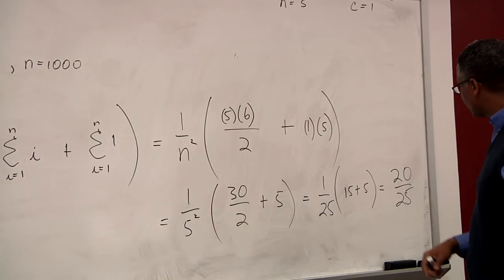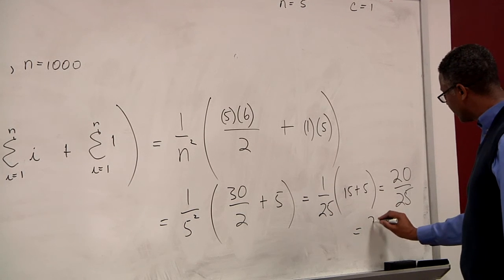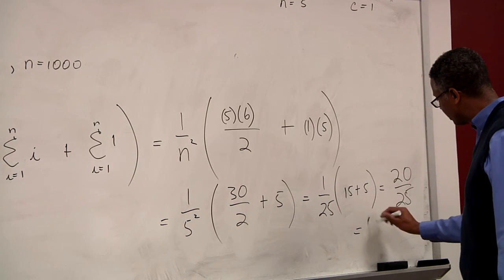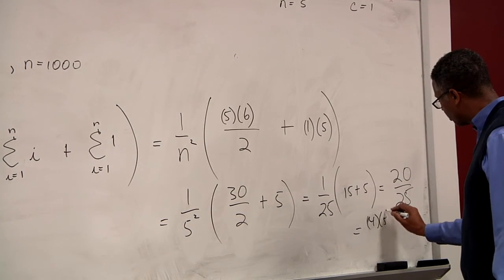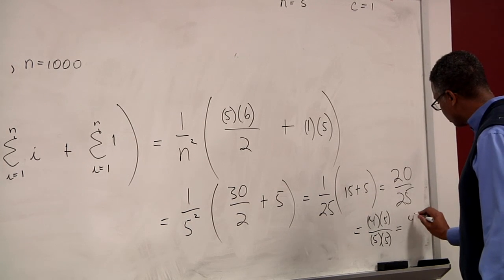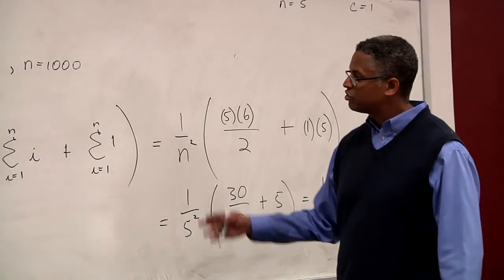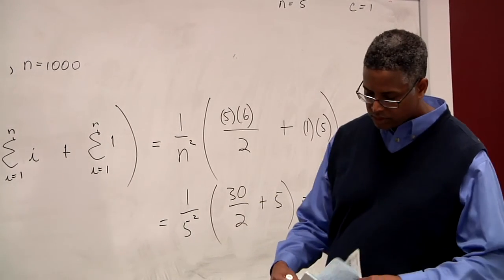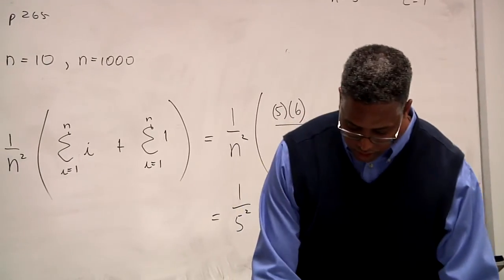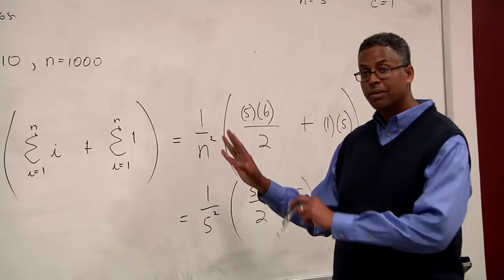And you can reduce that by recognizing that the factors of 20 are 4 and 5, so that will be 4 times 5 over 5 times 5, which is 4 over 5. Okay? So that's generally how you do this. And we're going to take a pause and let you think about what we just talked about.